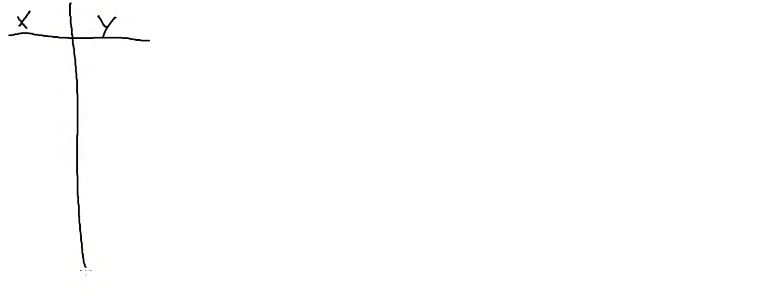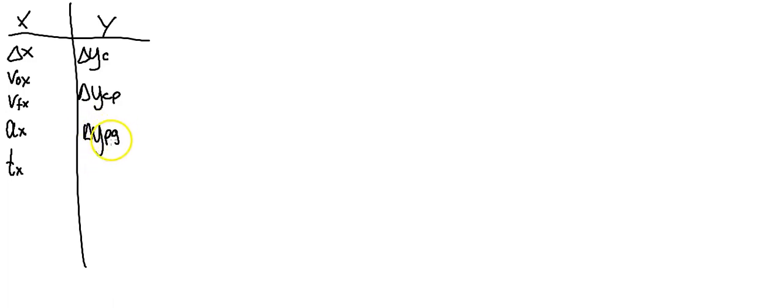Okay, so in the x direction, what we can have is delta x. We'll have the initial x, we'll have the final x, we will have acceleration in the x, and we'll have time in the x. In the y, since it is one with an angle, we're going to have the original height of the cliff or whatever it is. We're going to have the change from cliff to its maximum height. We're going to have maximum height down to the ground.